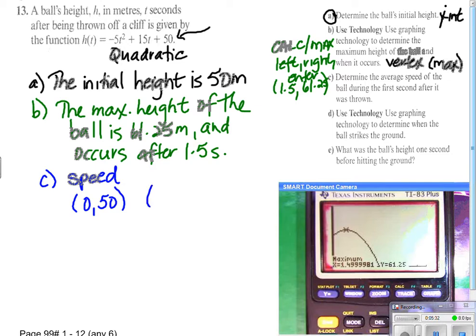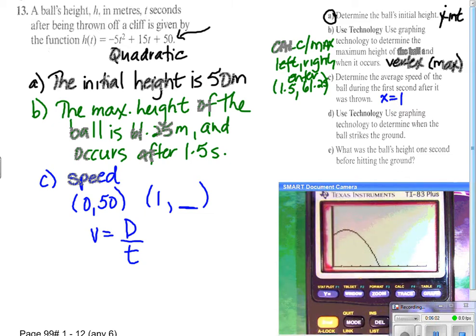If I could find how high I was at 1 second, I would be able to calculate my speed. Speed is how far you went and how long it took you to go that far. So I am going to find specifically the value of the function when x equals 1. So part C, I want to find the point when x equals 1 so that I can calculate the speed.